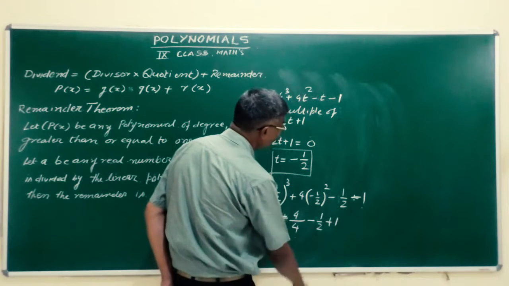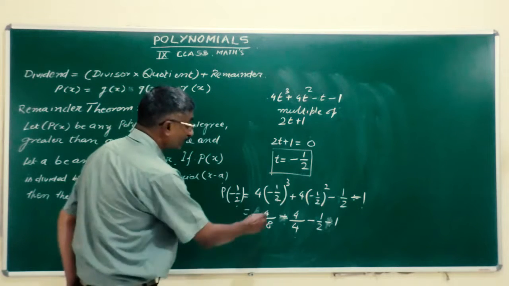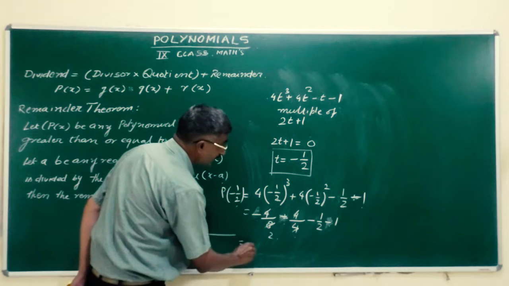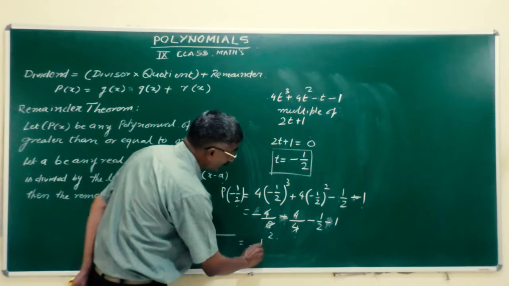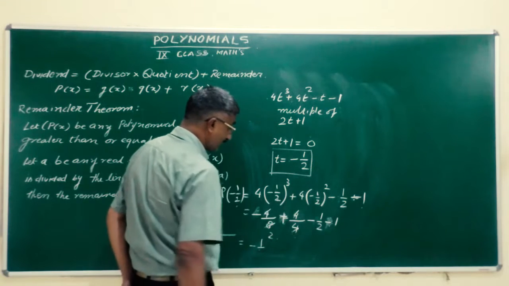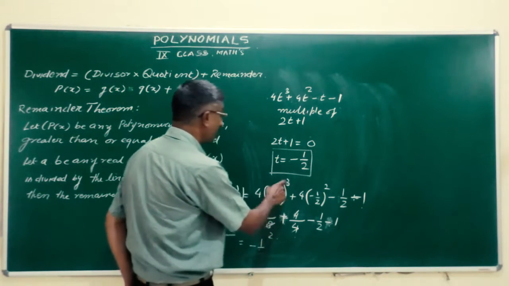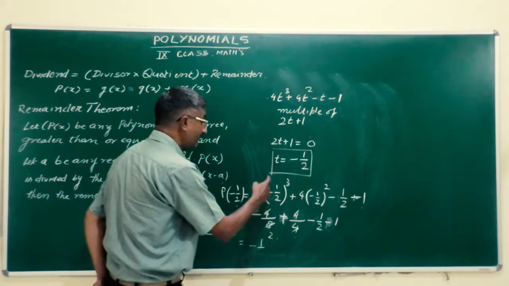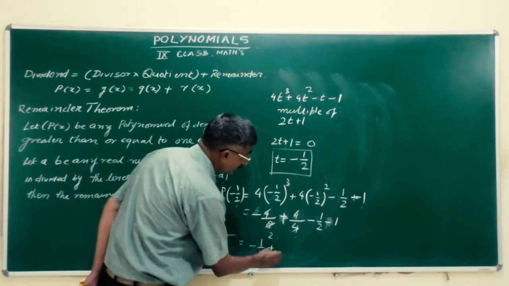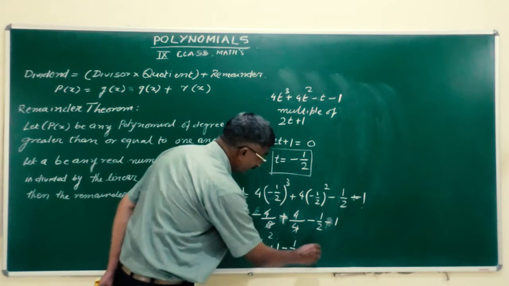Then plus 4 into 1 upon 4, which is plus 1. Then minus of minus 1 upon 2 becomes plus 1 upon 2, and then minus 1. So this is minus 1 upon 2 plus 1 plus 1 upon 2 minus 1.